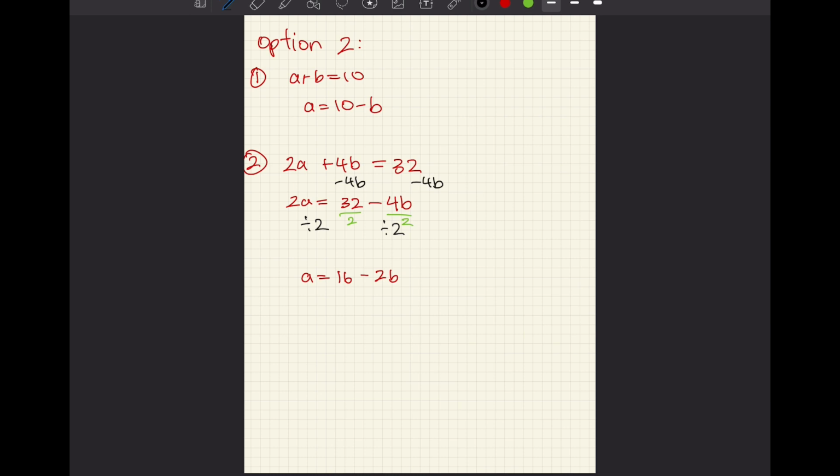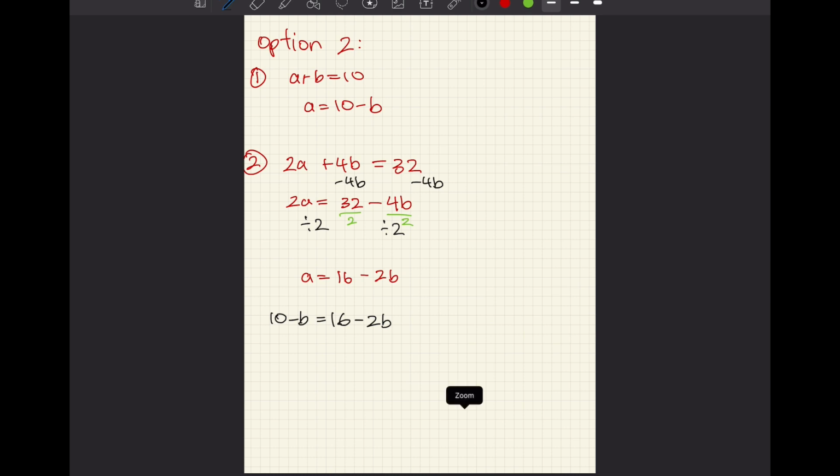Great. You'll notice that this a here is the same as this a here. So we can replace, so this value, 10 minus b, has to be the same as 16 minus 2b. So 10 minus b is equal to 16 minus 2b, because a equals a. So now what we need to do is just solve this equation.